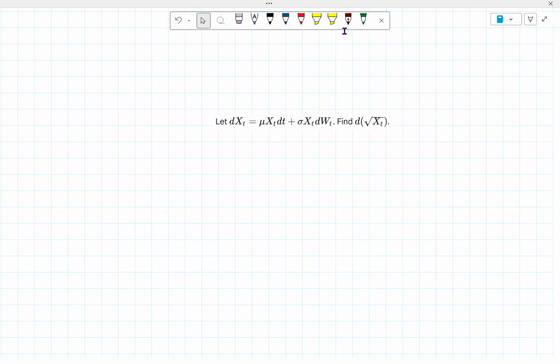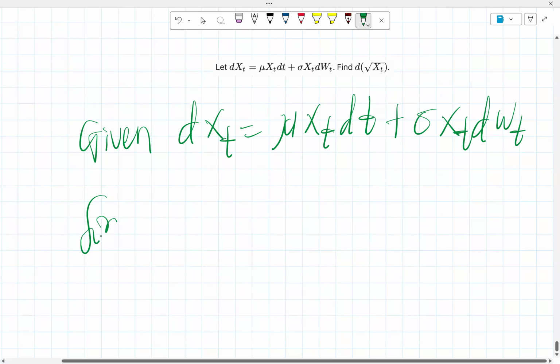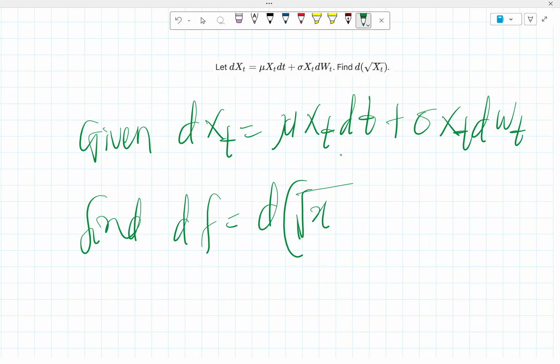So let's go. Given dx_t, which is mu x_t dt plus sigma x_t dW_t, we want to find df, which is d square root of x_t.